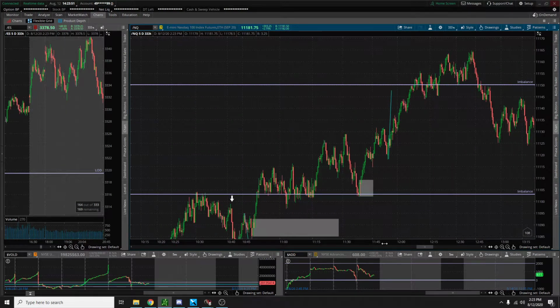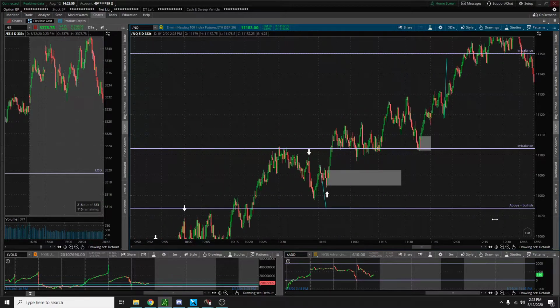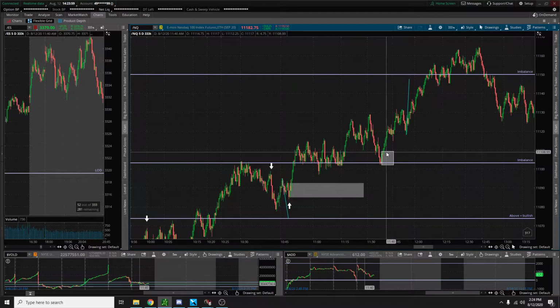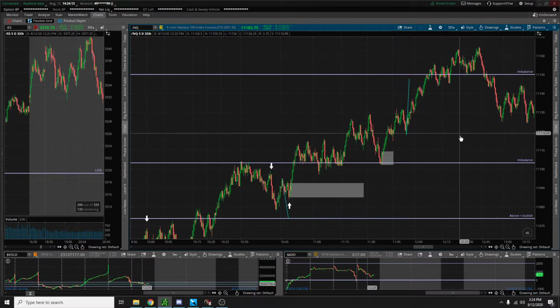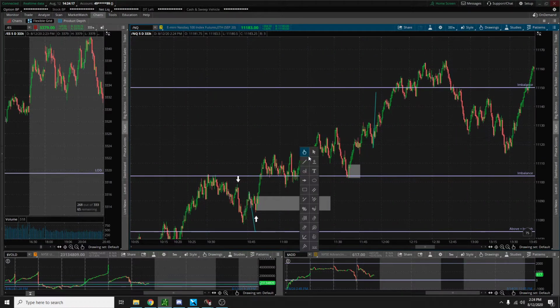Now, if you just wanted to trade purely imbalances, that's also very feasible, right? You can make a strategy that could work. I don't do it all the time because I have other setups, but if you really wanted to, you could look at an imbalance like this.